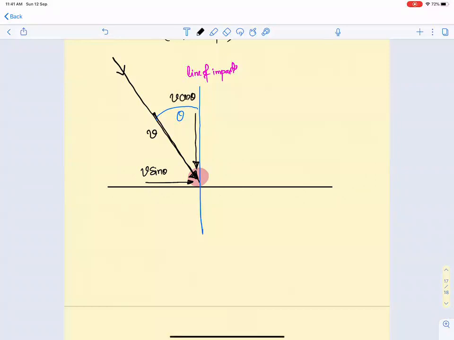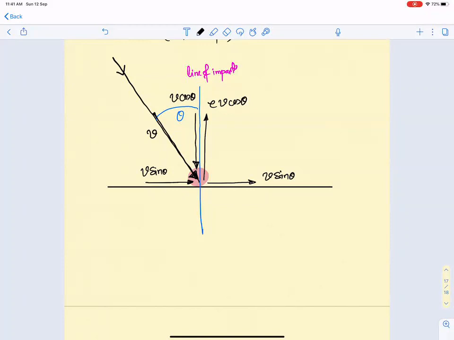Now, after impact, what is going to happen? This v sine theta is not going to change, while along the line of impact, it will bounce up with a velocity ev cos theta, because you know that the velocity of separation by that of approach is e for the velocity components along the line of impact.